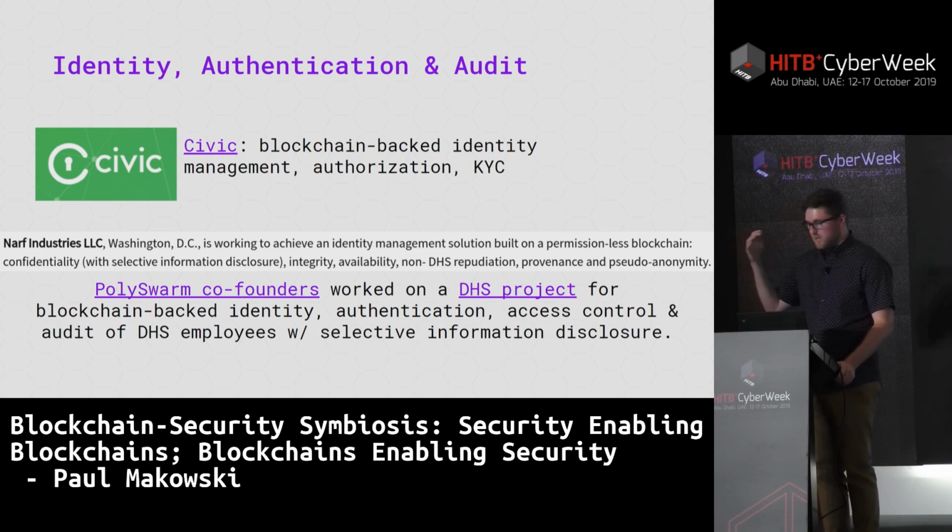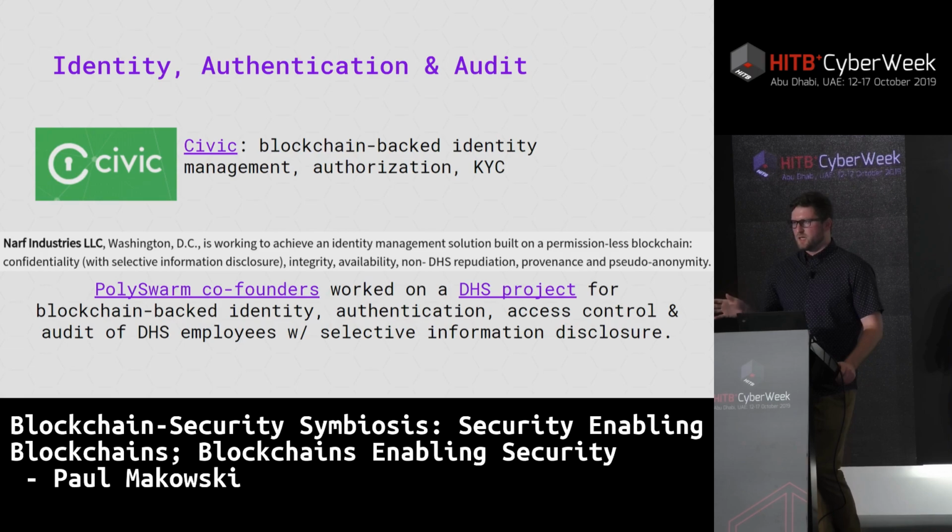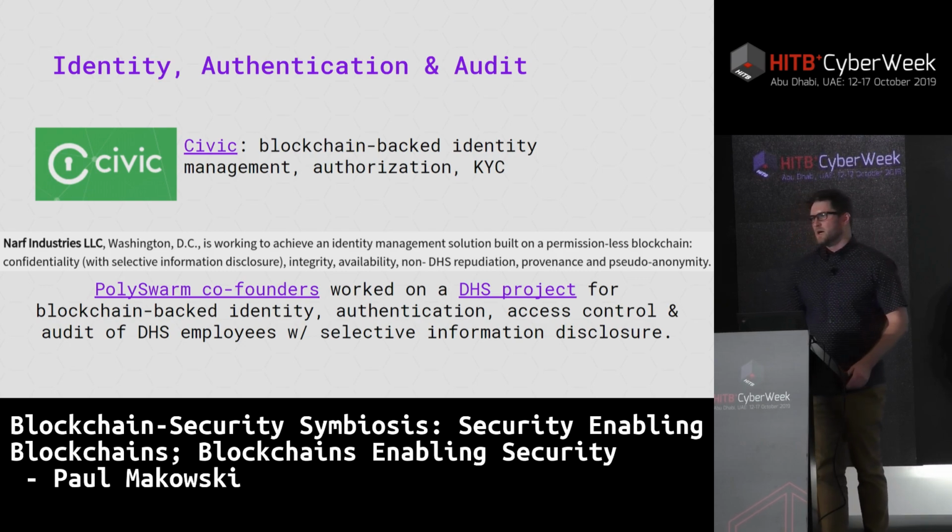I work for PolySwarm. The PolySwarm co-founders also work for a company called Narf Industries, which did work on a DHS project for building blockchain-backed identity authentication and basically selective information disclosure using blockchain.